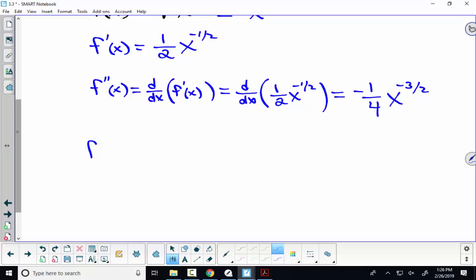And then the third derivative, f triple prime of x, is the derivative of the second derivative. So the derivative of this function.